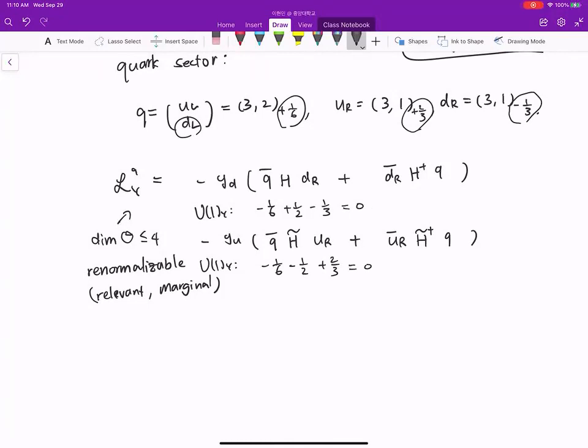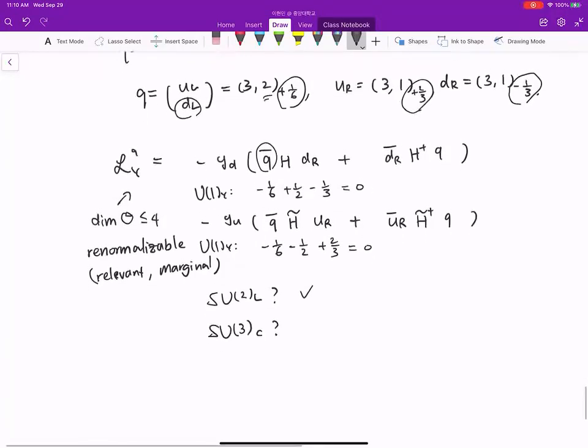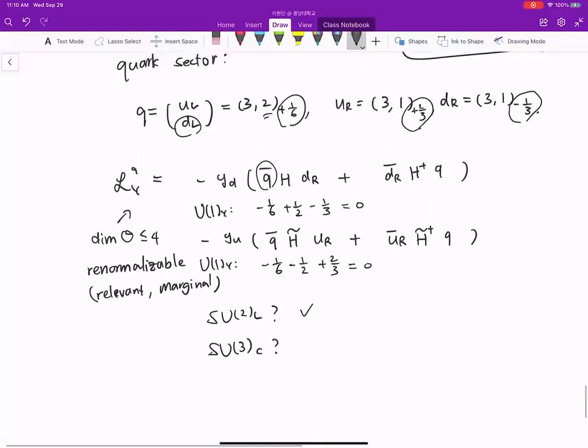And for SU(2), the quark doublet is the same as for the lepton doublet, so the doublet SU(2) transformation is okay. But in the case of quarks, we need to check the color invariance. The Higgs doublet doesn't carry color, right?